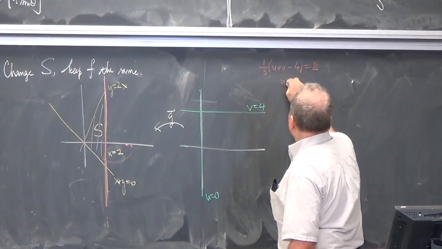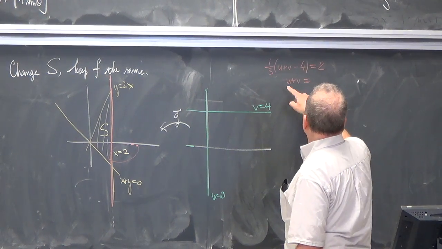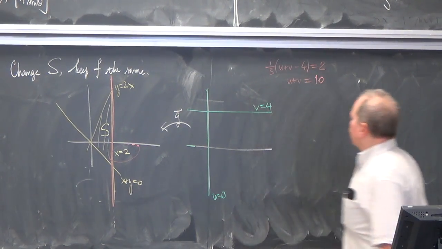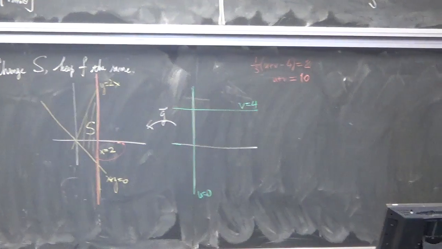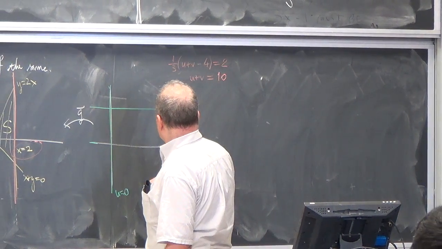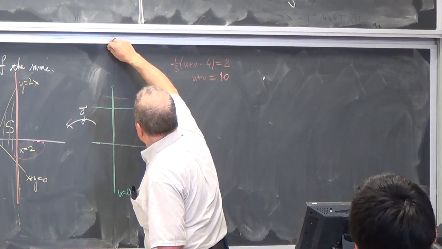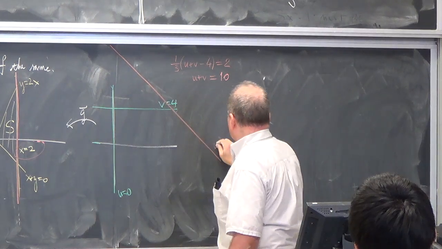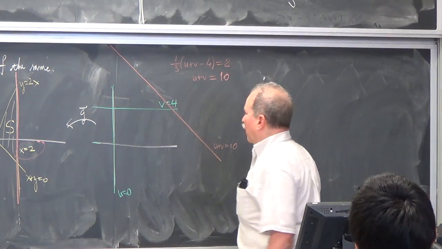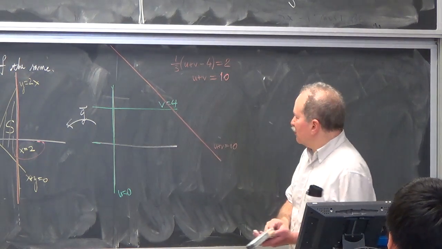So it looks like, what did you say, Reese? 10. u plus v equals 10. Does everybody agree? Yeah. So u plus v equals 10. That's a line that looks like this. So where is my region that maps to S?